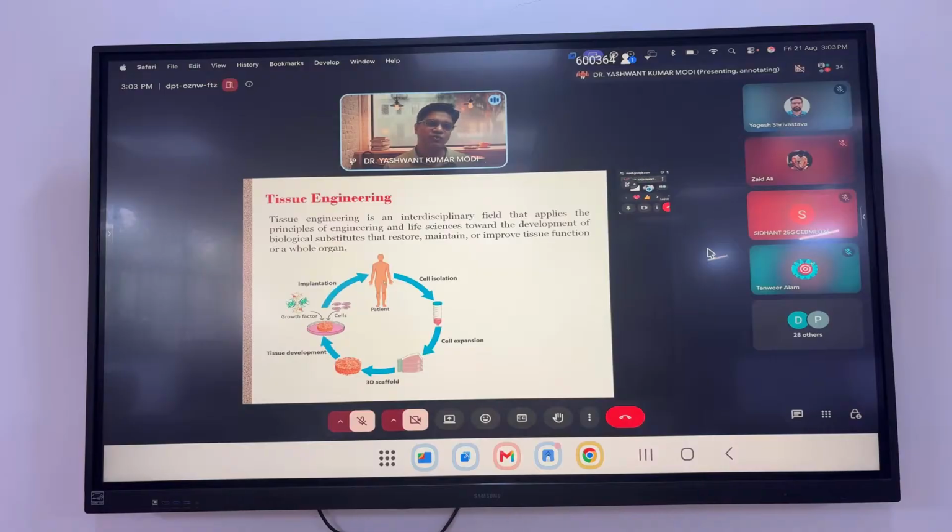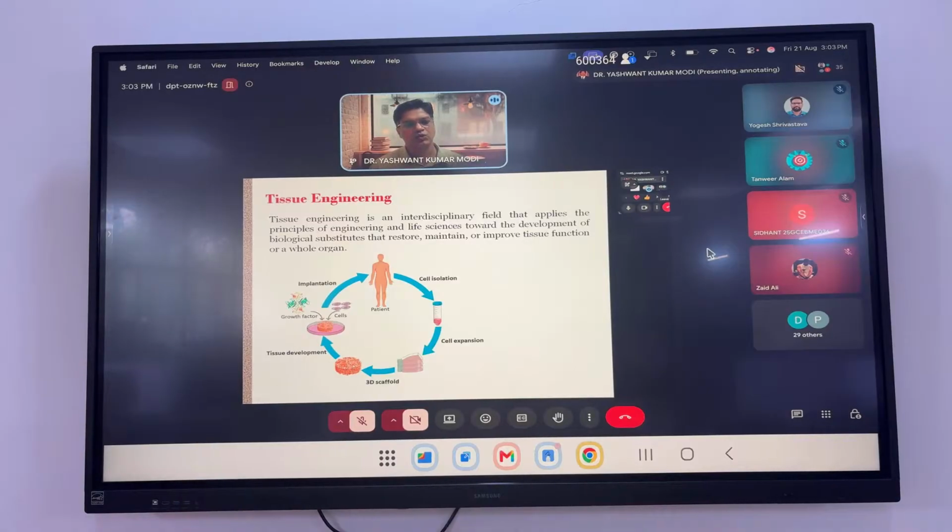So in the beginning, we have to isolate the cells. Basically, stem cells are required for this purpose. So stem cells are isolated from the human body. Then cell expansion takes place in the lab. Then a three-dimensional scaffold is required. The isolated cells are seeded onto this kind of 3D scaffold.